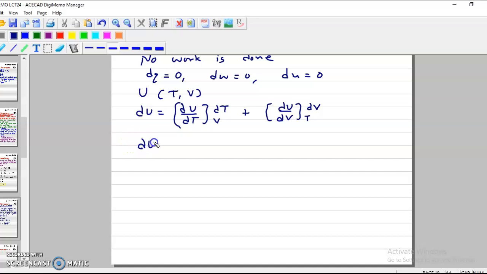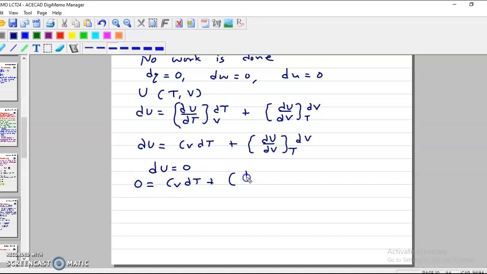So we write dU is equal to Cv dT plus dU upon dV at constant temperature into dV. As dU is equal to 0 for vacuum, therefore 0 is equal to Cv dT plus dU upon dV at constant temperature into dV.